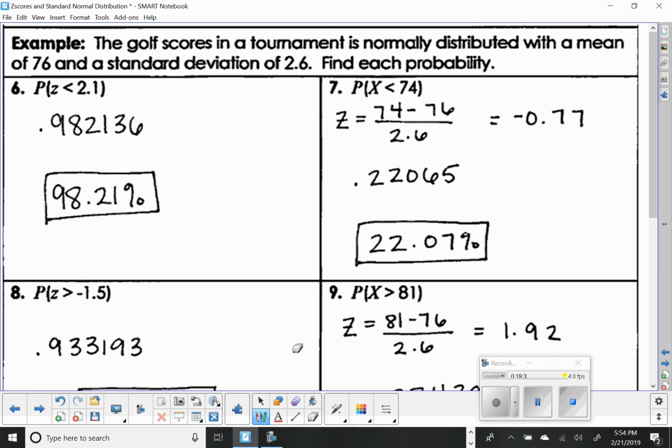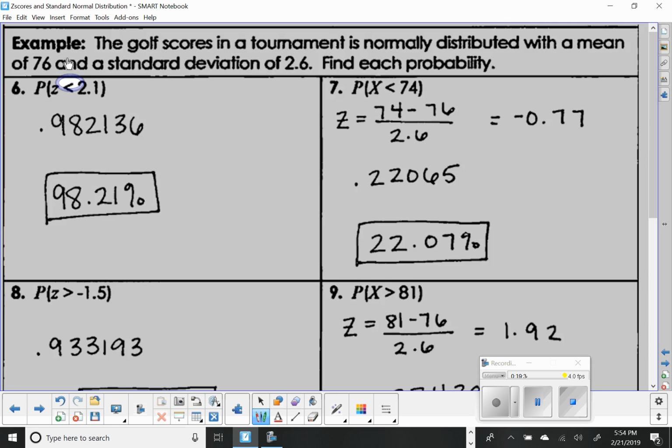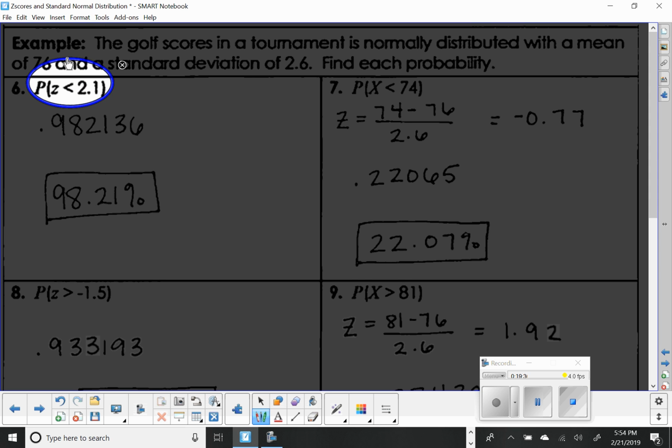Okay? First, notice this guy. The probability that Z is less than 2.1. The Z-score, not the data value, the Z-score. Since it's the Z-score, and 2.1 is not just 1, 2, or 3, you're going to have to use the calculator.